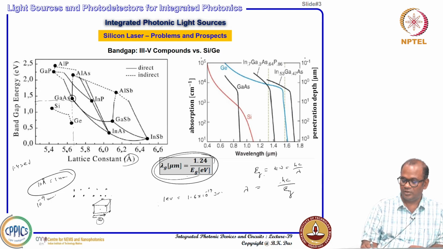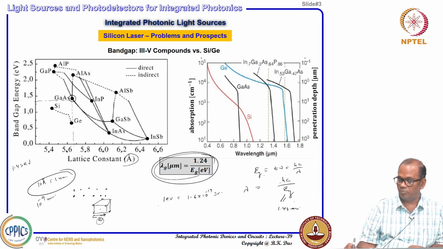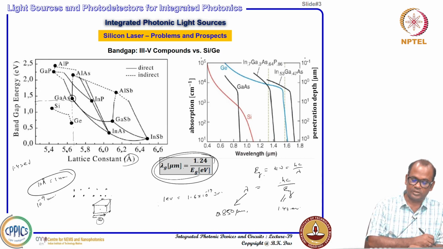If the gap energy is in electron volt, lambda g can be found in micrometer. So, for gallium arsenide with 1.43 electron volt, lambda will be 850 nanometer or 0.850 micrometer.